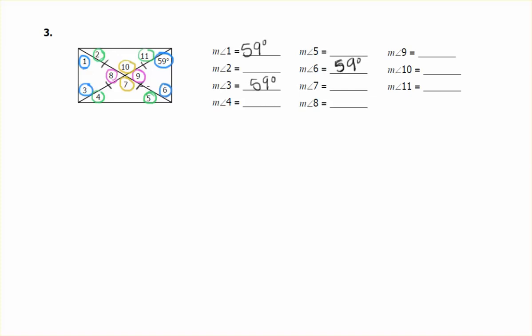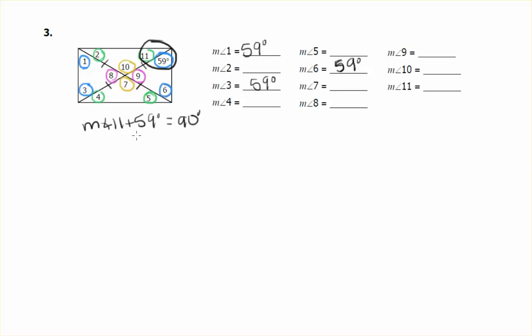So now let's try and get those green angles. Remember, one property of a rectangle is that the angles are 90 degrees. So for these two angles I'm looking at in particular, if I already know that this is 59 degrees, I could get angle 11 by subtracting it from 90, because the measurement of angle 11 plus 59 degrees should equal 90.